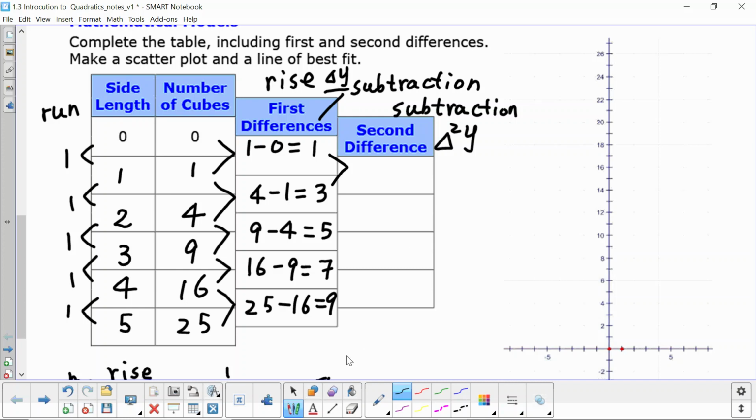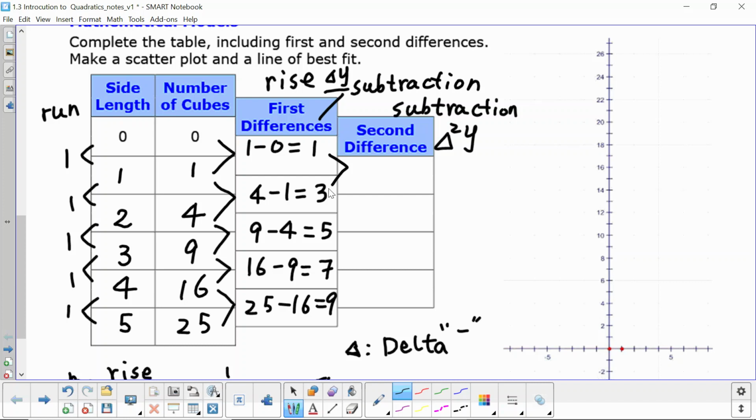This triangle, we don't call it triangle, we read delta, like in our delta math. So this is the triangle symbol, we call it delta, and what it means is minus. It means minus, subtraction. Not negative, but subtraction, minus. So the second differences means the differences of first differences.